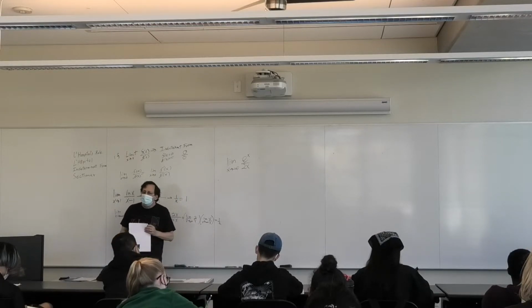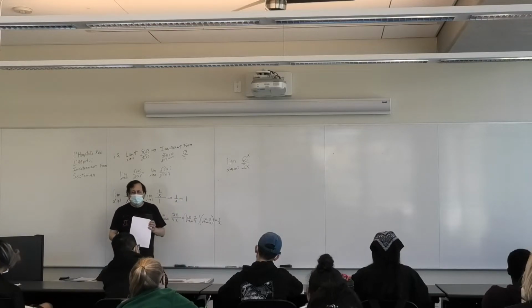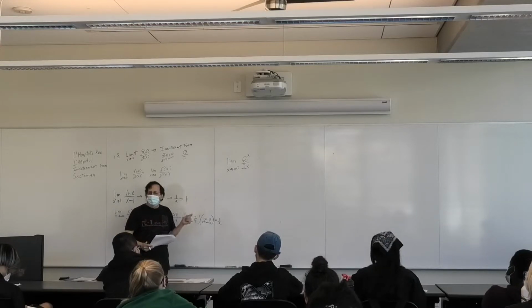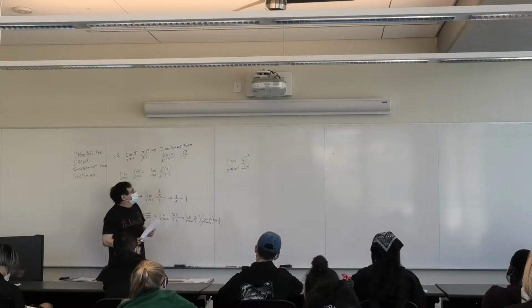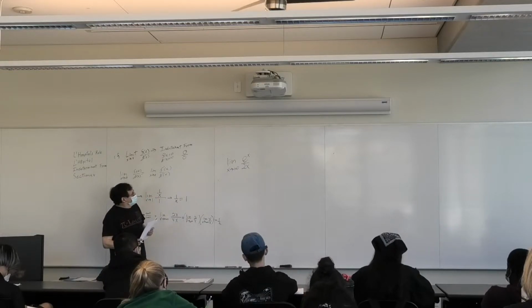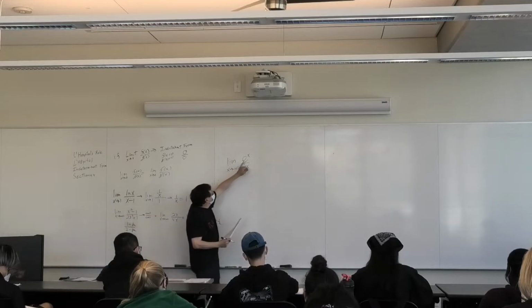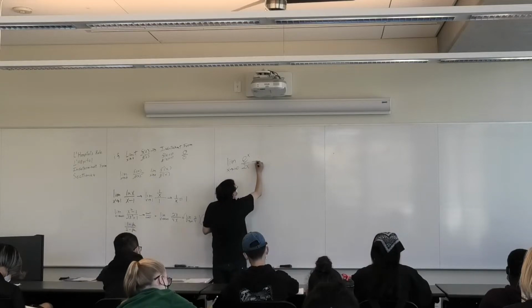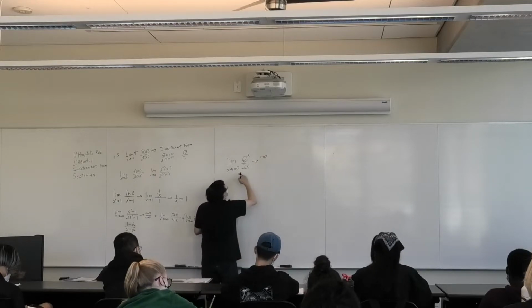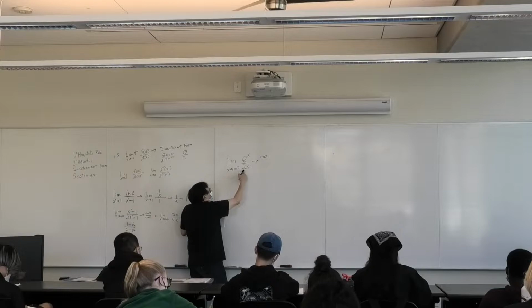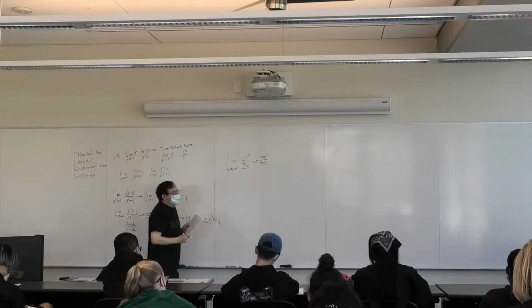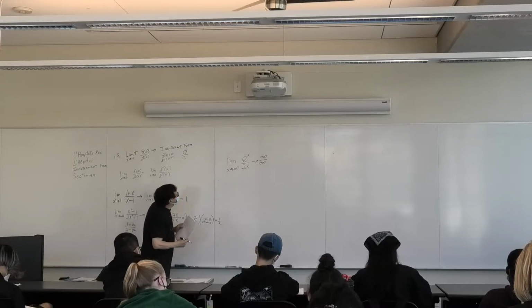You've been around the math circuit a while. You have an instinctive kind of feel for this, which I'll mention afterwards. But clearly e to the x is going to infinity as x approaches infinity. 2x is also going to infinity, so we can apply the rule.